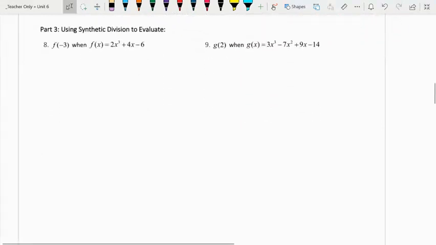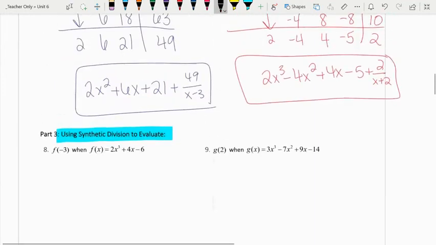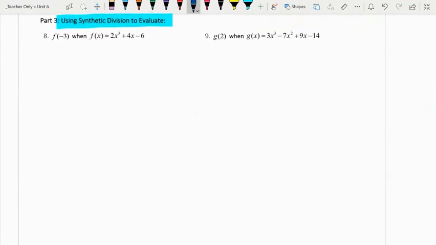So now let's talk about using synthetic to evaluate. So this is actually the same thing as you plugging in -3 into your x. You can do f of -3 and do 2 times -3 cubed plus 4 times -3 minus 6. And you would end up with the same answer as if you were using synthetic division.